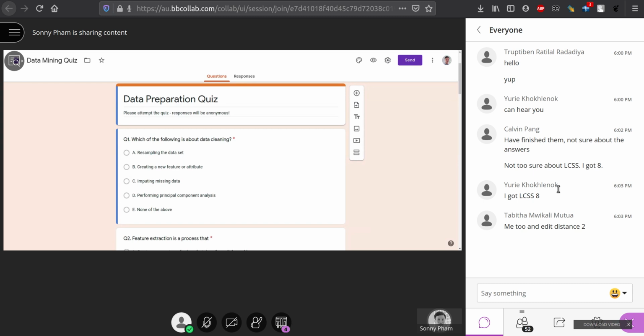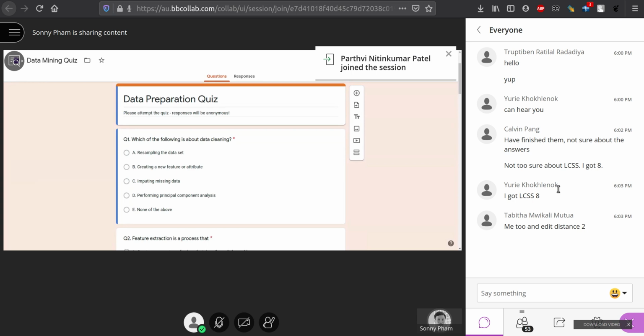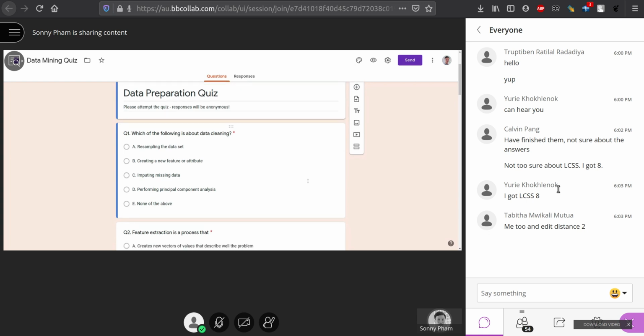So 14 people haven't made a decision yet. Anyways, I close the poll now. I think the majority of you selected the answer correctly. That is option C, imputing missing data. So resampling or creating new features or performing principal component analysis is not as good as imputing missing data, because you might have missing entries in the data.